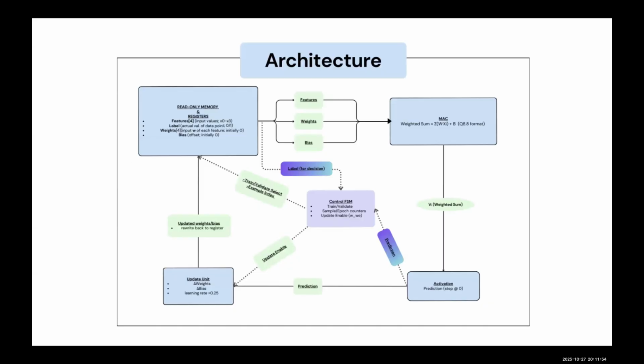All right, so the best way to describe our design or architecture is this block diagram right here that we built, which is also on our poster. Starting on the top left, the box shown is the ROM or read-only memory and registers. It holds four things: our features, which are the X1 to X4, the label, which is our Y, our weights, and our bias. And then the data flows to the top right.